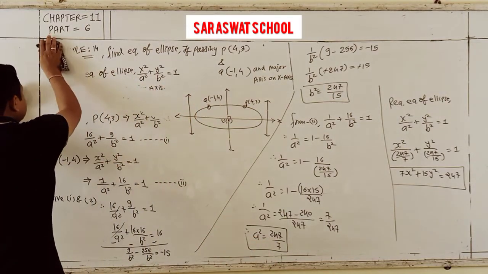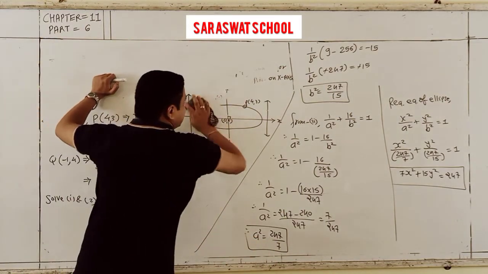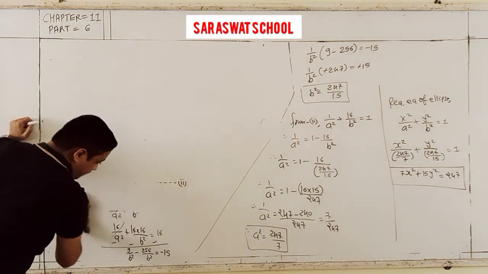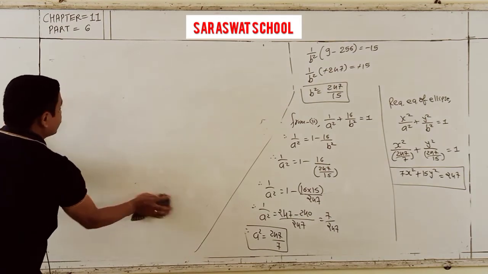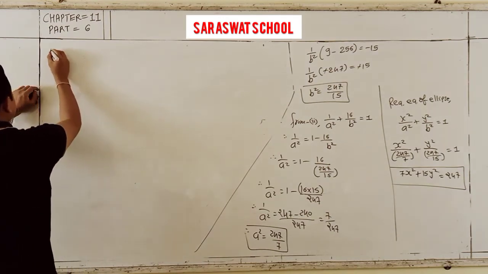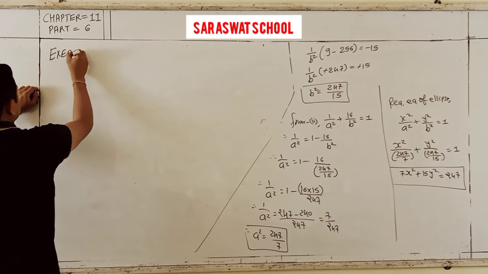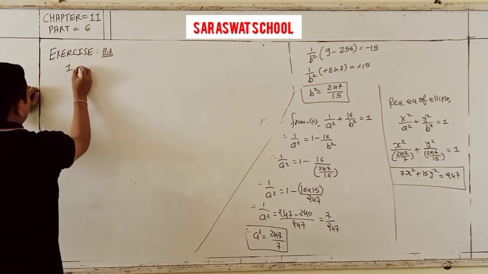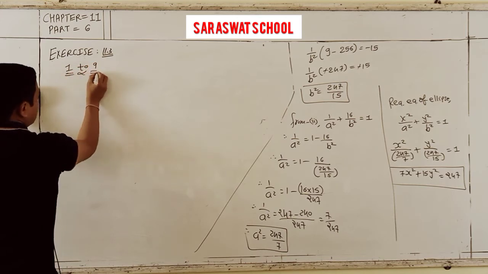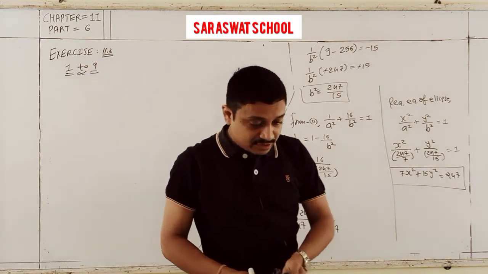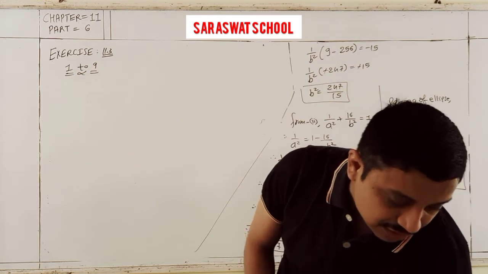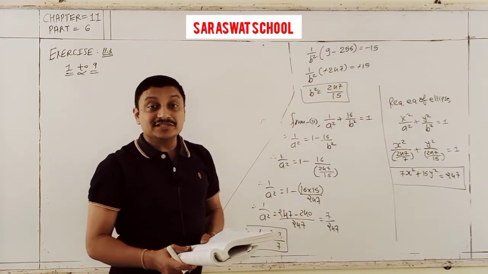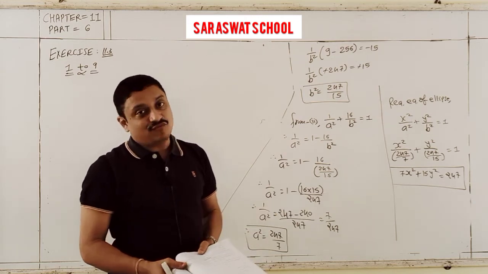Now I go to exercise 11.3, first one. In exercise 11.3, questions 1 to 9 all ask for eccentricity, length of latus rectum, vertices, major and minor axis, and focus.